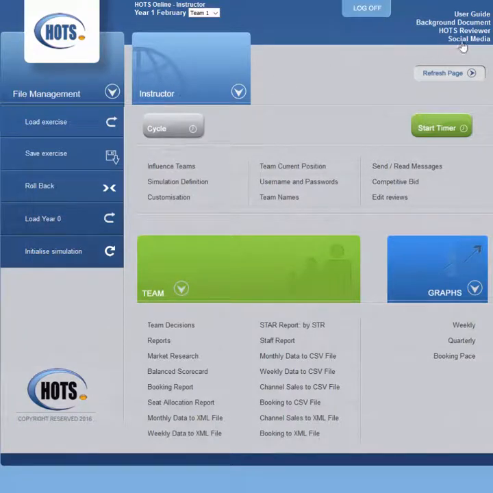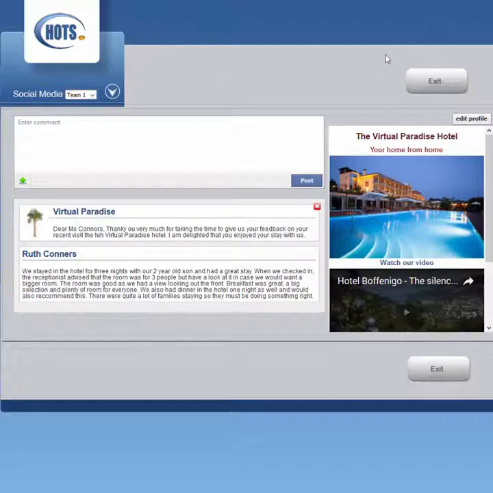First of all, the teams can use their social media page to get feedback from the guests. This is direct feedback. There is a database of comments that is fed to each team depending on their results. So the comments that the teams get are directly triggered by the decisions that they make and the results that they get.